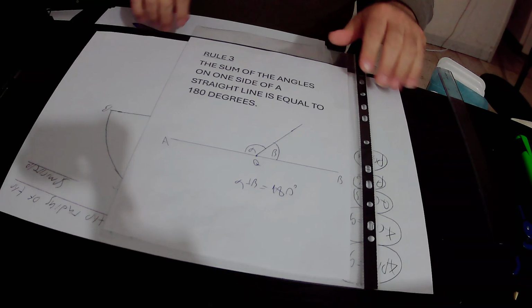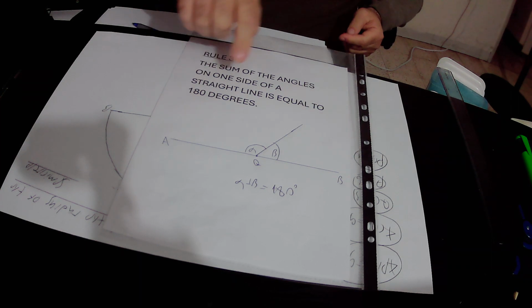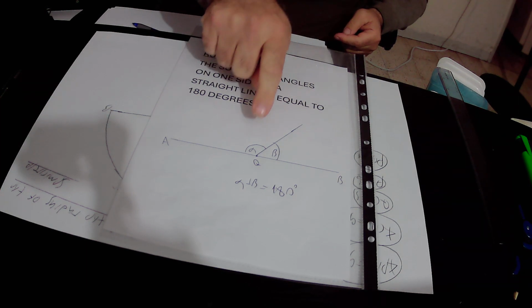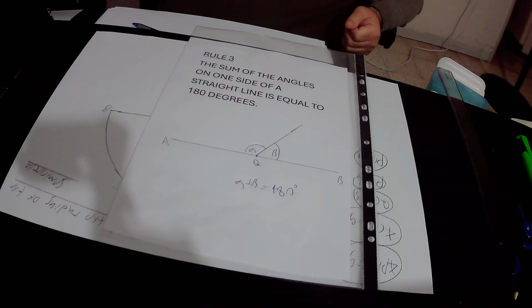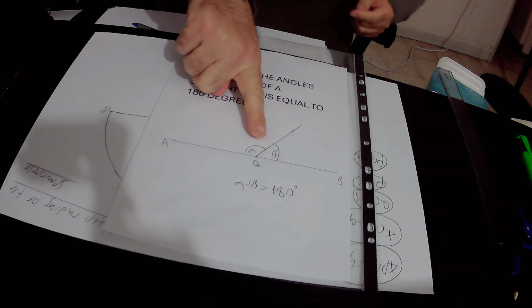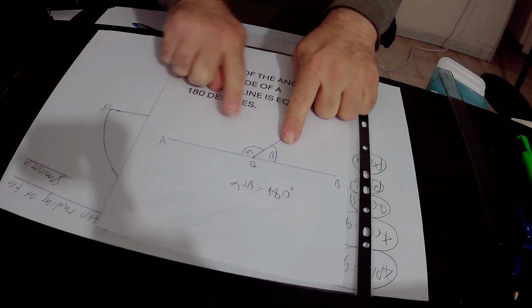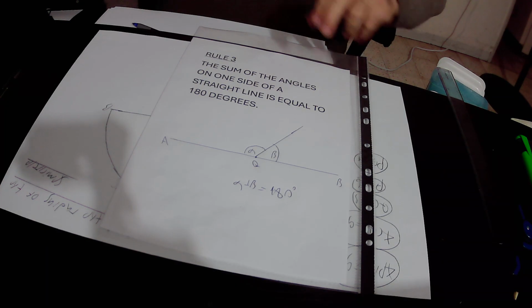So in the drawing we have the straight line AB. If we focus on the upper side of the straight line AB at point Q, the sum of the angles must equal 180 degrees according to rule number 3. Which angles do we have at the upper side of AB at point Q? We have angle alpha and angle beta. So in total, alpha plus beta must equal 180 degrees according to rule number 3.